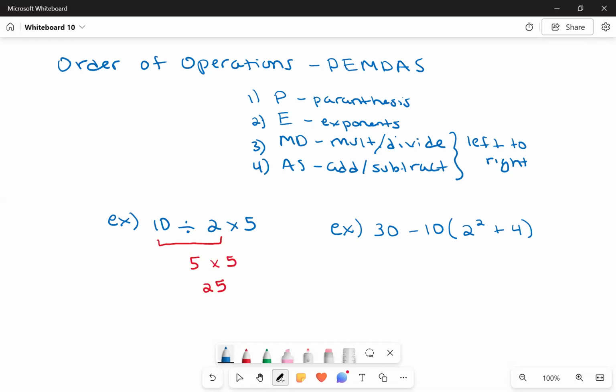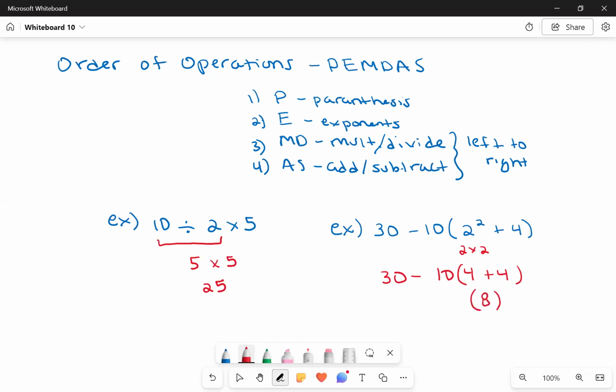And in the parentheses, I first start with the exponent. So 2 squared, that's 2 times 2, which is 4. And I just bring everything else down. Now, 4 plus 4, that's 8. And then this parentheses is going to turn into a times.